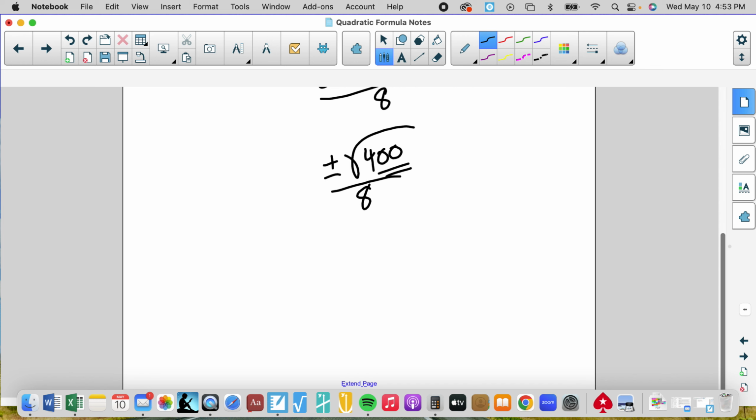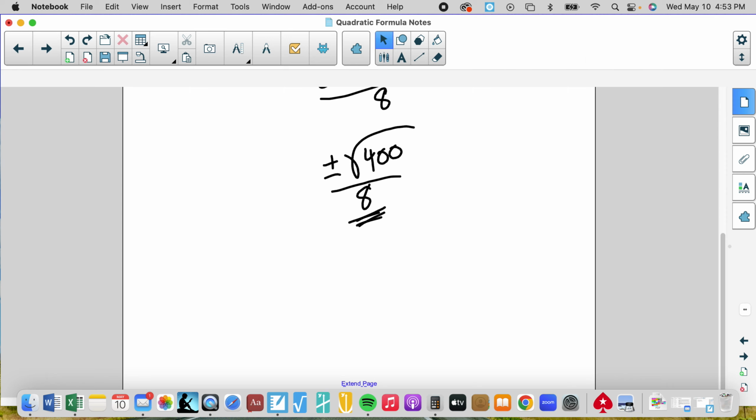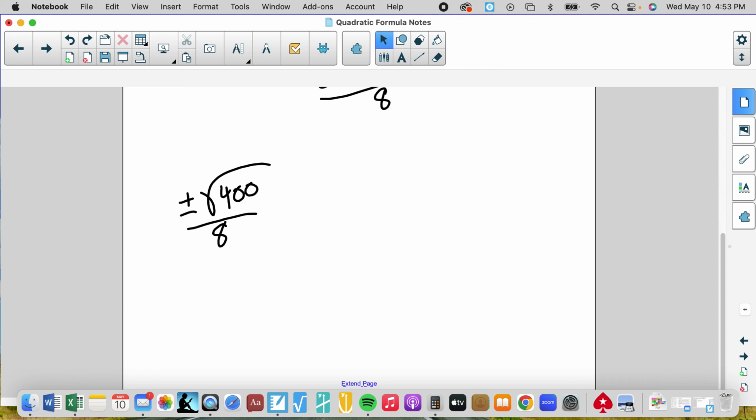That's inside. This is outside. We can't simplify those two radicals. What we can find is, can we simplify the square root of 400? Yes, we can. Let's do some good remembering math. We just finished radicals. So we have plus or minus.